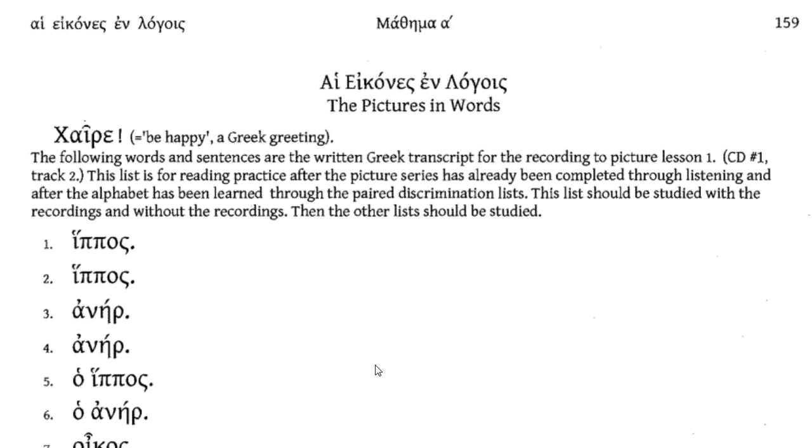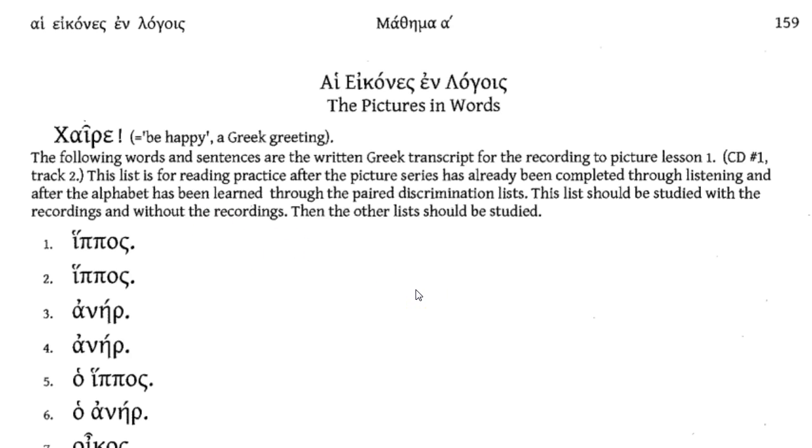At the beginning of the early lessons are recommendations, as I pointed out earlier, and I encourage you to follow them as you work with this section of the text. By the time you've listened to a picture lesson 6 times, you should shift to using the Pictures in Words section of Living Q&A Greek.